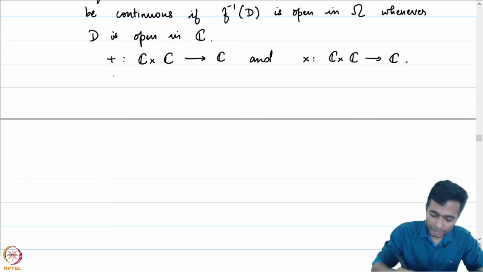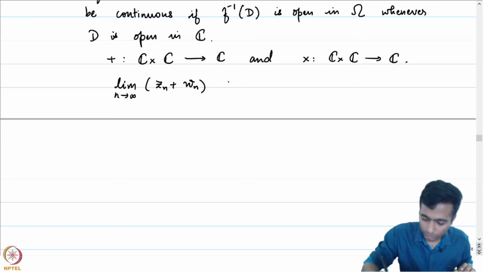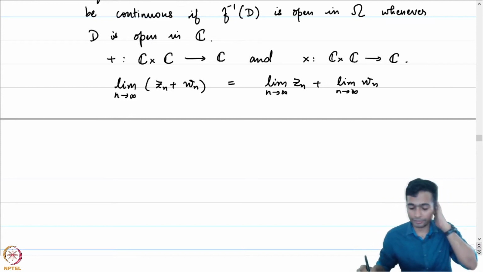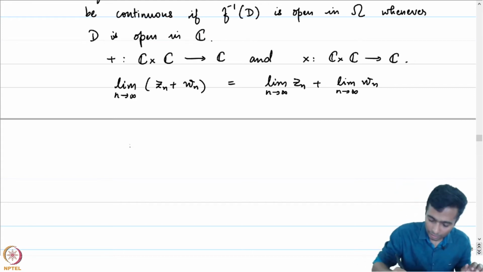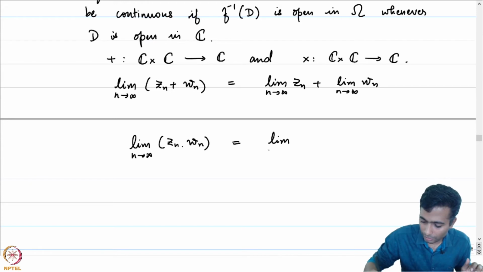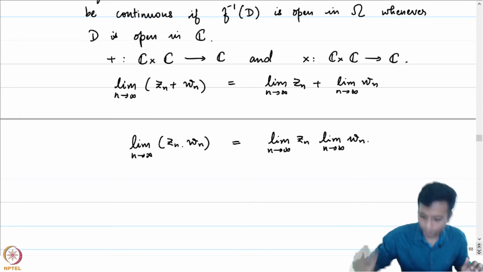And this is the same as telling that limit n going to infinity of Zn plus Wn is equal to the limit of Zn plus the limit of Wn, where Zn and Wn are sequences in the field of complex numbers. And this is again saying that the limit of Zn times Wn is the same as the limit of Zn times the limit of Wn.